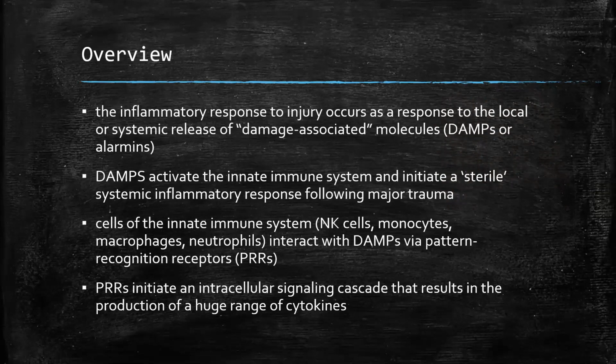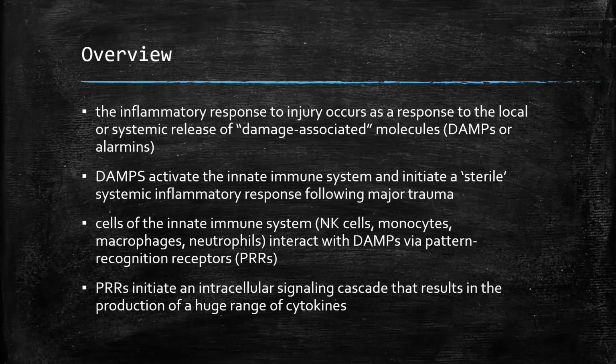And these molecules activate the immune system, the innate part of the immune system: the natural killer cells, the monocytes, the neutrophils. This reaction initiates a so-called sterile inflammatory response. So this is responsible for the elevated heart rate and many of the changes that we see in our patients after a trauma.